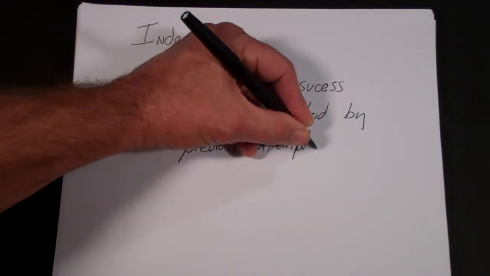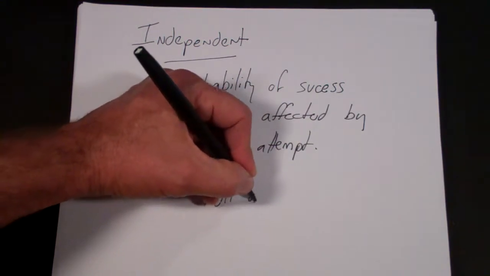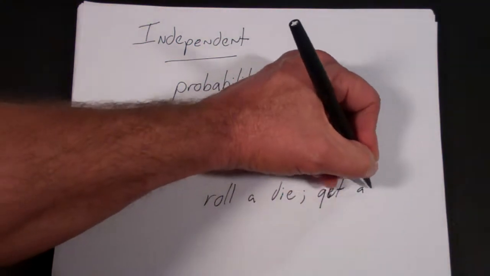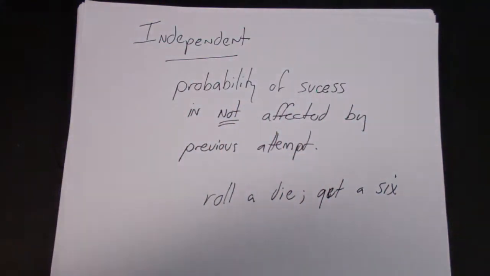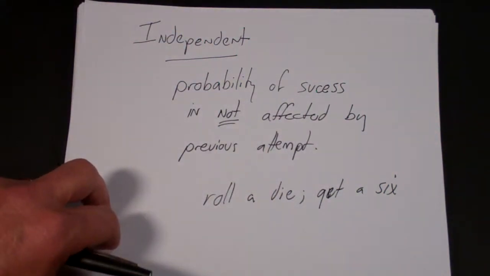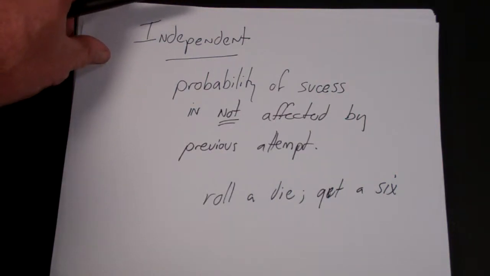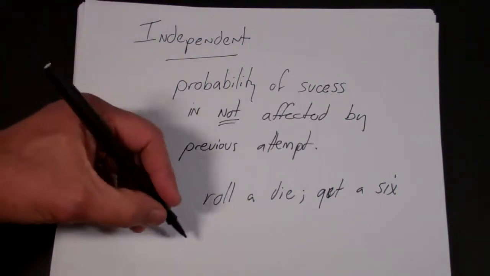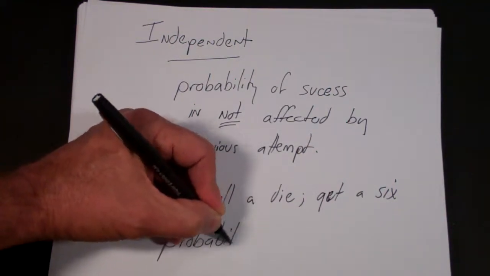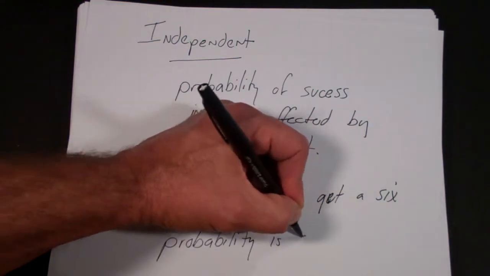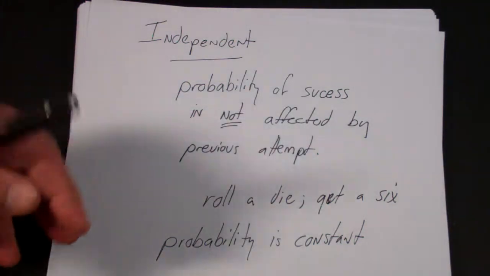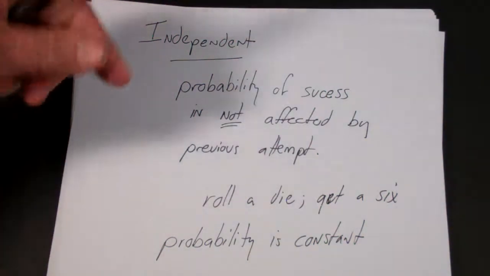An example is that if you roll a die and you're trying to count the number of 6s, then whether you get a 6 on one roll is independent of whether you get a 6 on another roll. Another key is that the probability is constant. So for example, when you roll a die, the probability of getting a 6 is the same for each individual roll.